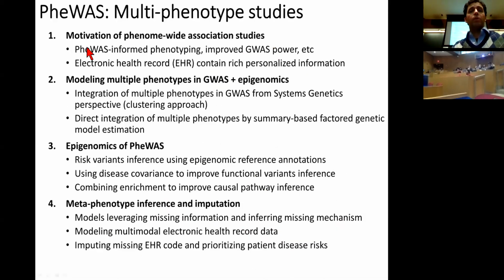So this is what we covered today. We basically motivated why we even care about these multiple phenotypes studied jointly. And I introduced the concept of PheWAS, of basically associating every phenotype with every other phenotype rather than every genetic variant with every other phenotype in the context of specific genetic variants.